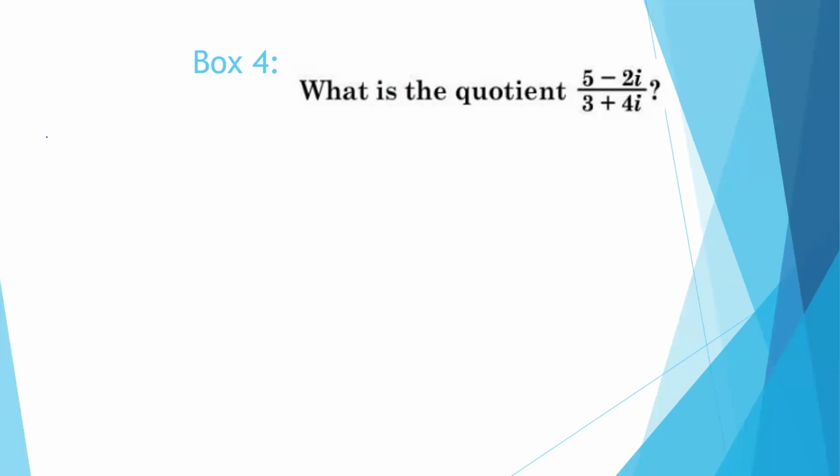Okay. Step 1 tells us to do what? We focus on the what first? Denominator. So looking at our denominator, what would be its conjugate? Three minus 4i.